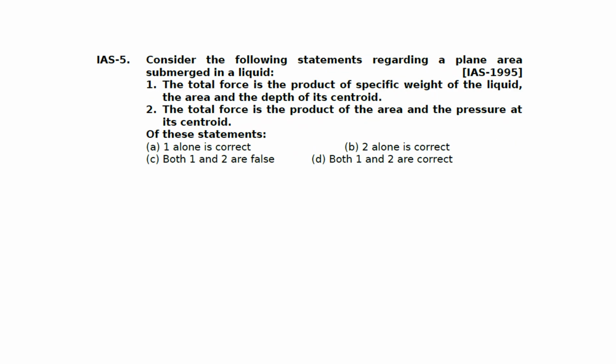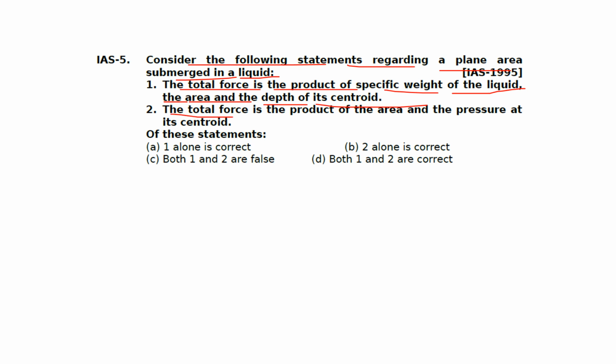Next question. Consider the following statements regarding a plane area submerged in liquid. The first: the total force is the product of the specific weight of the liquid, the area and the depth of its centroid.